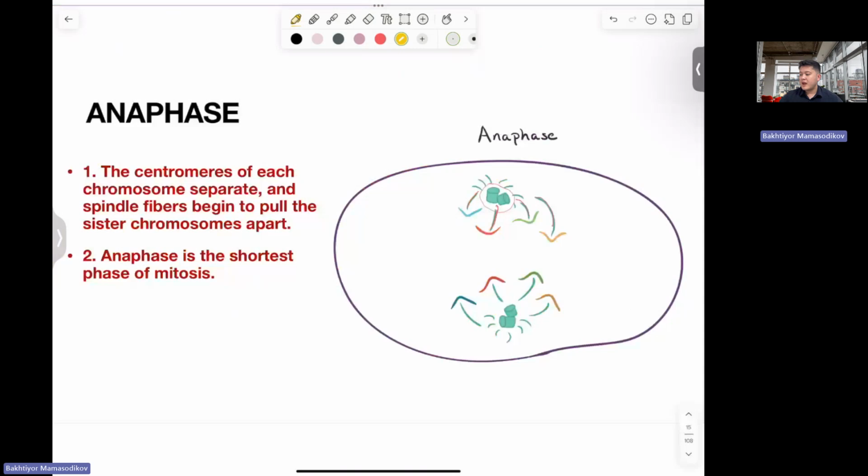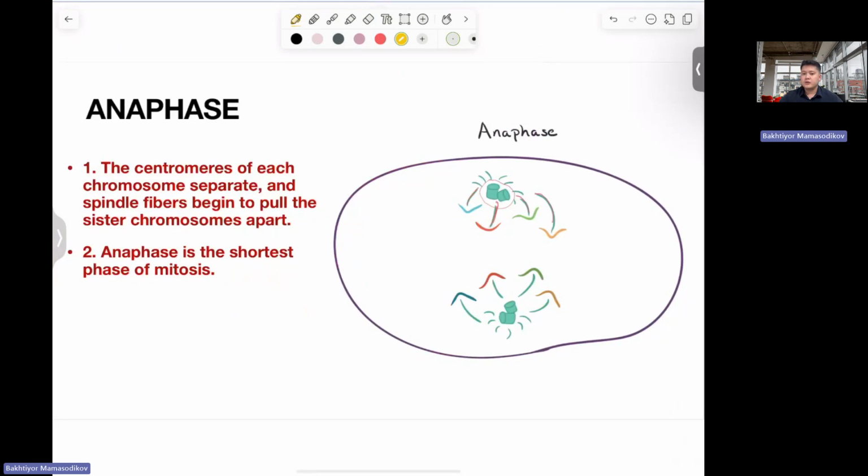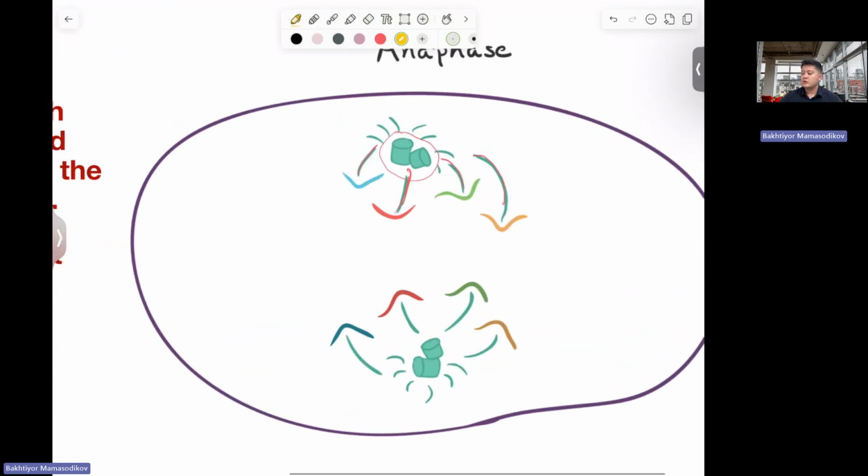So anaphase, what's happening in the anaphase? In anaphase, the sister chromatids are pulled apart to the opposite poles, so those spindle fibers are pulling the chromatids. Do you remember they were attached to the centromeres? Now they are starting to pull the sister chromatids. We have two sister chromatids in one chromosome.